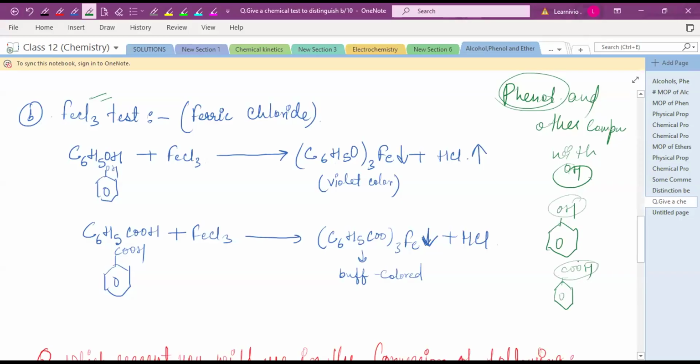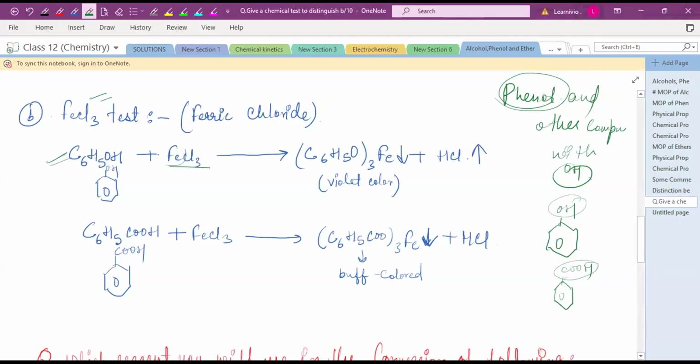So what is the difference between these two? Let's check it using the reaction, right? So here is the ferric chloride test. In the ferric chloride test, we use ferric chloride, FeCl3. When you take phenol, C6H5OH, and add ferric chloride, you will get a violet color complex.